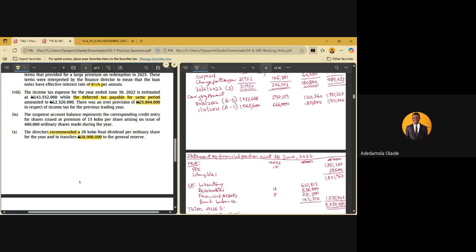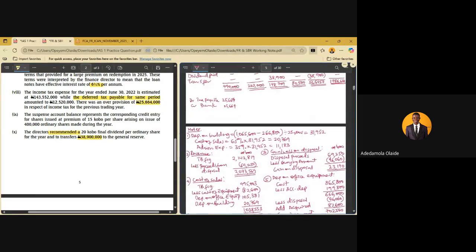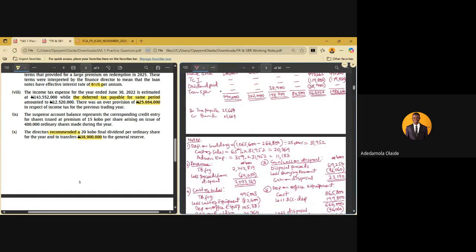Now, what does this over provision mean? It simply means in the previous accounting year, what they provided for the tax liability is more than what they actually paid.